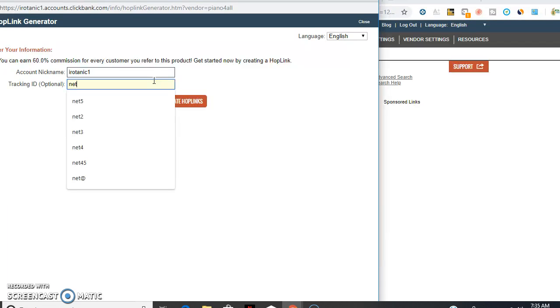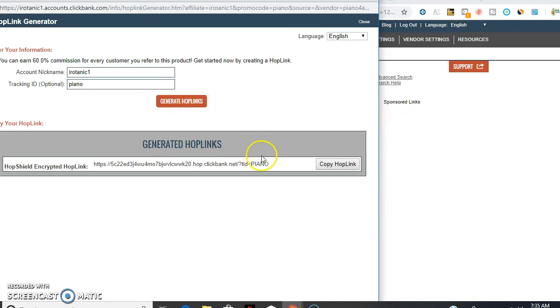You don't have to worry about it. You can put, for example, piano. Okay, this is the tracking link, just showing you how you can see at the end of your link the word that you're choosing, so that you recognize this is your link when someone signs up.